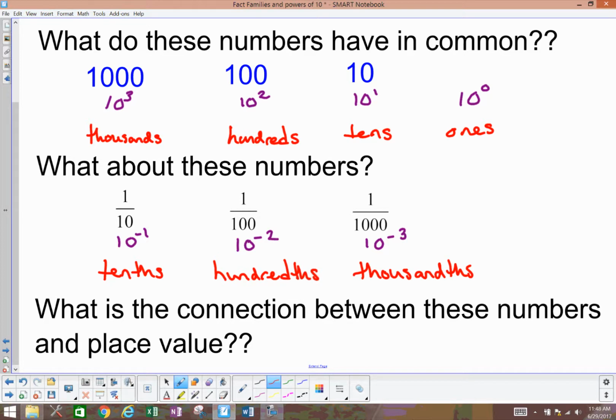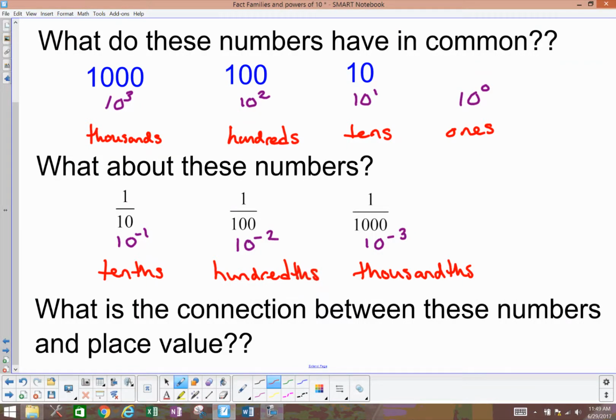Again, we're looking at place values. So any power of 10 that we take not only is a power of 10, but it can also represent a place value. Our place value system is based in powers of 10.